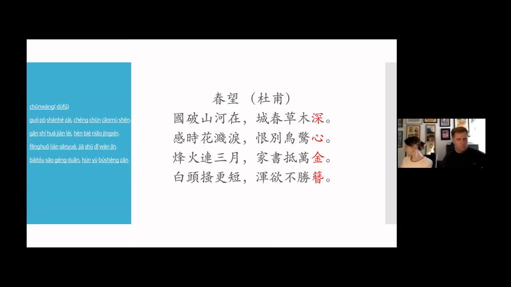So Du Fu was around in the 8th century, which corresponds to the Tang dynasty. You may have heard of it, sometimes referred to with gushing monikers such as China's golden age.